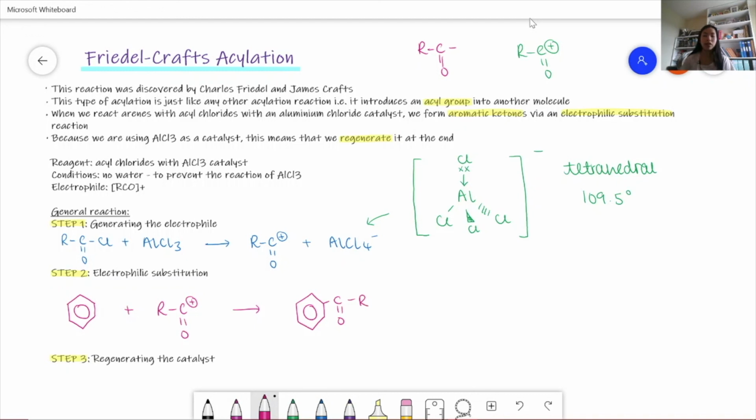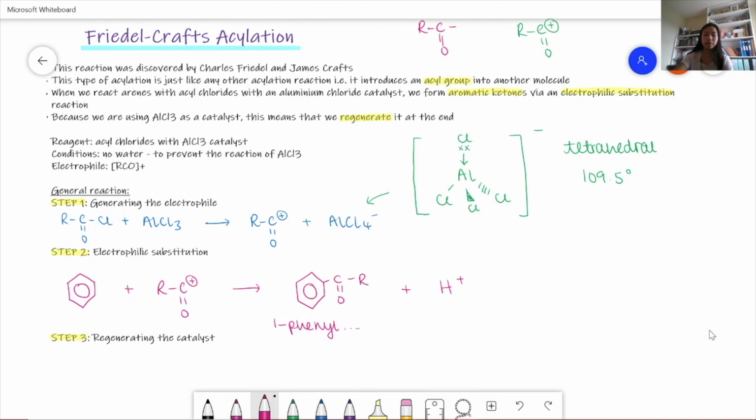So this is our acyl group. And then also the H plus has been substituted out. This would be named 1-phenyl, and then some kind of ketone. It depends on the R. So for example, if R was CH3, the name of it would be 1-phenyl ethanone, because we would have 2 carbons. So this is our aromatic ketone.